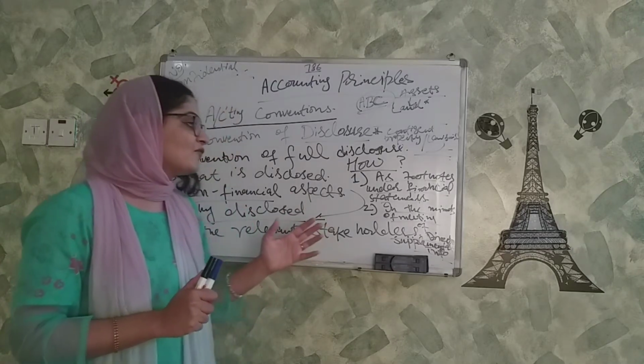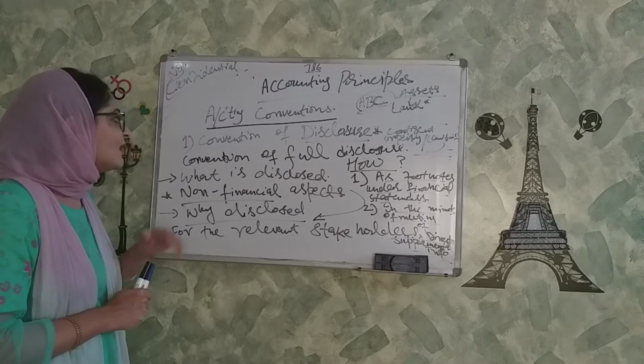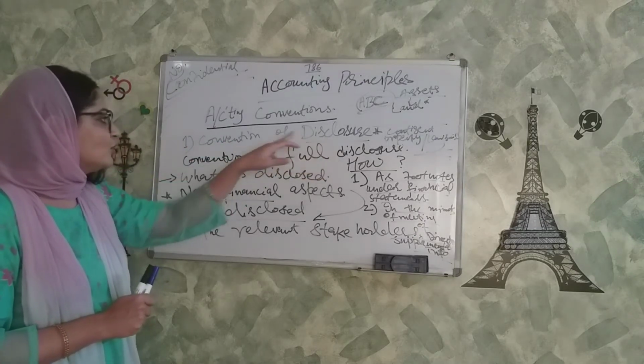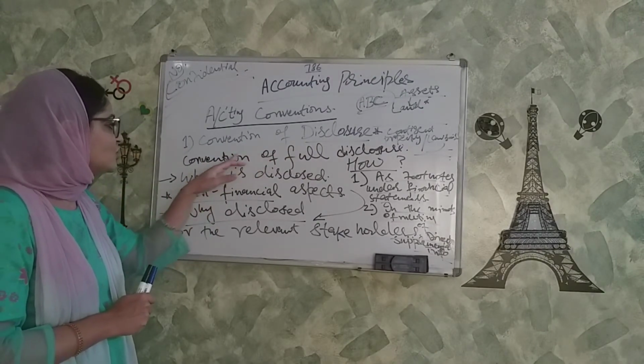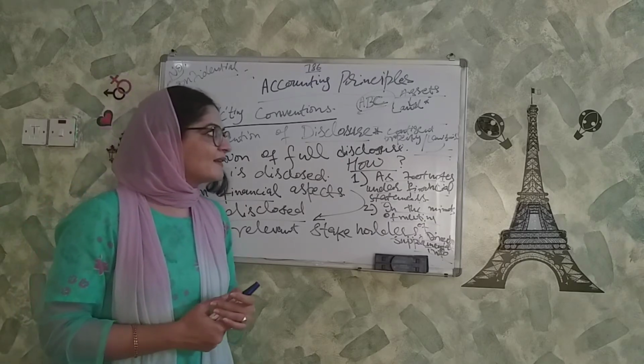So all this information should be fully disclosed in any business according to the full disclosure, or the Convention of Disclosure, under the accounting principles. It is the basic accounting principle.